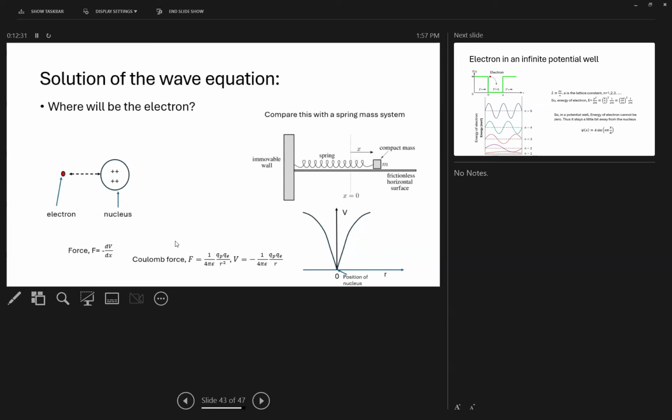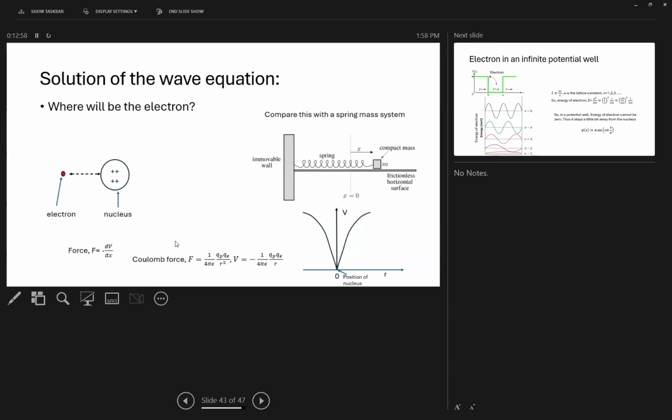All right. How about the electron and nucleus? Let's see if we can find a potential energy for the electron and nucleus system. Instead of a spring, let's say we have a nucleus with protons and electrons. The protons have positive charge, the electron has negative charge.